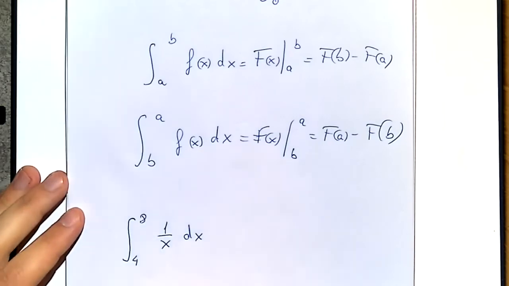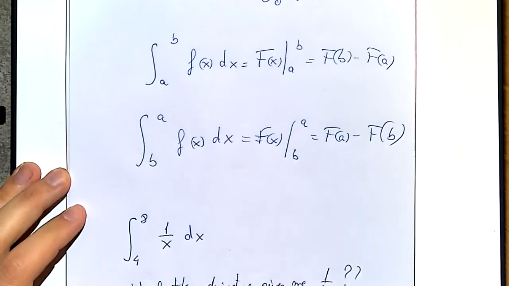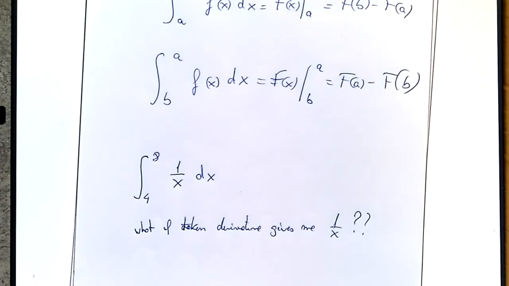Whenever you're dealing with an integral, I first need the function which, when the derivative is taken, gives me 1 over x. This should be the first question that goes through your mind when you're solving an integral. And you circle through your head if you didn't memorize the formula, and you realize it's log of x.